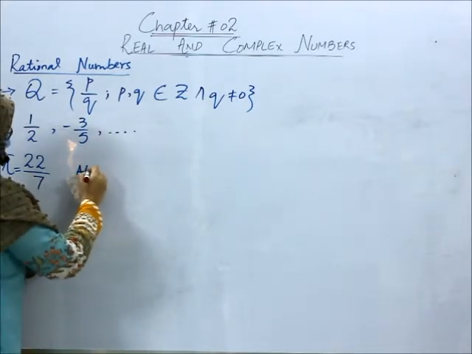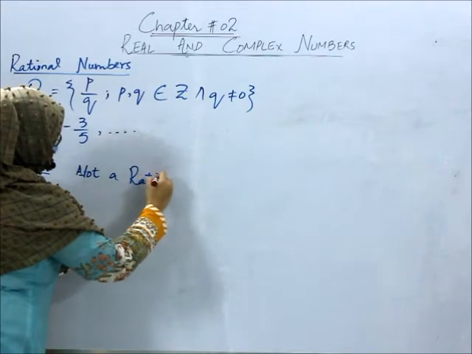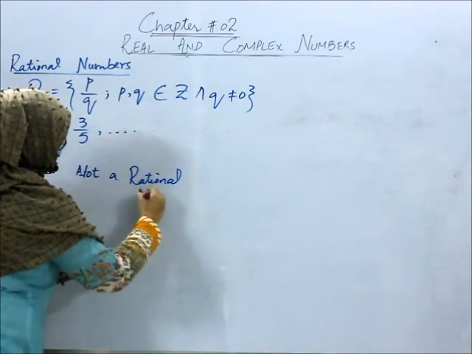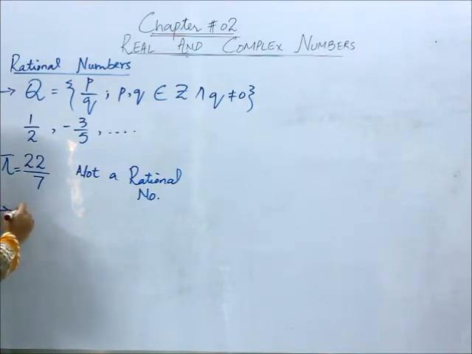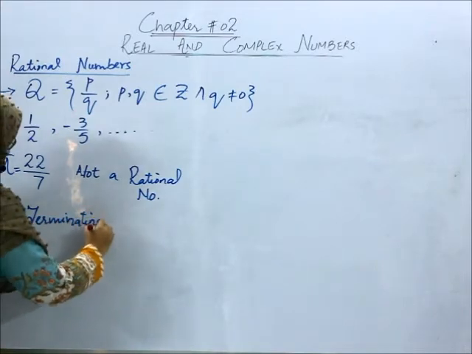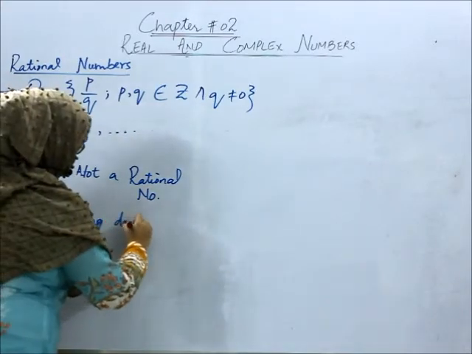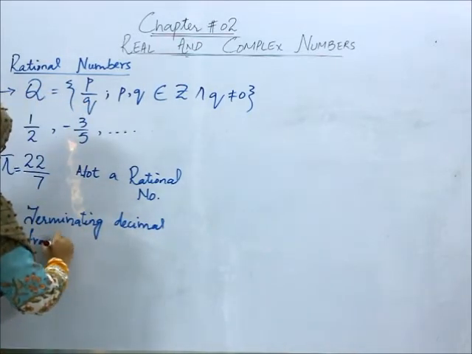Why is it not a rational number? Because there is another definition for rational numbers. The numbers which are terminating decimal fractions are called rational numbers.